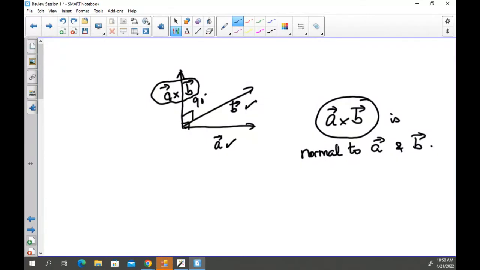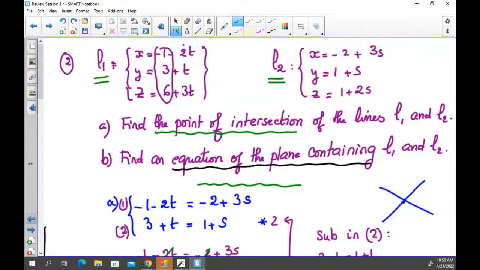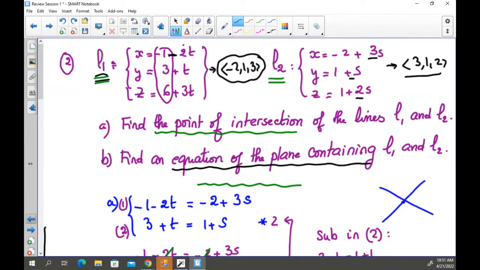And so that's what we are doing here. From this line, you get the vector -2, 1, 3. And from this one, you get the vector 3, 1, 2. This is the direction of the line L2. This vector -2, 1, 3 is the direction vector of the line L1.